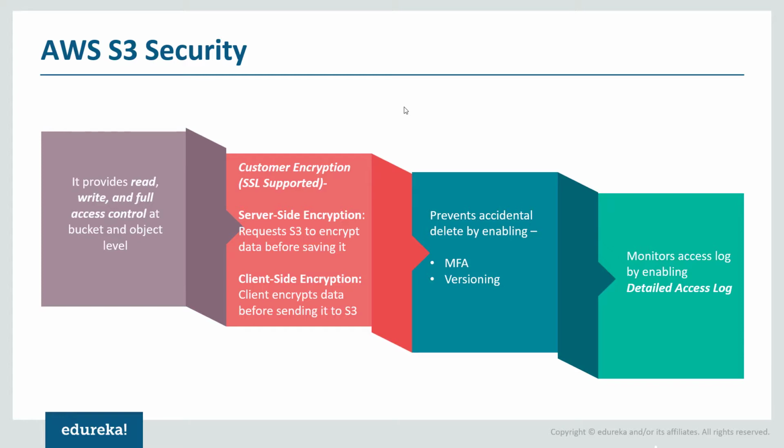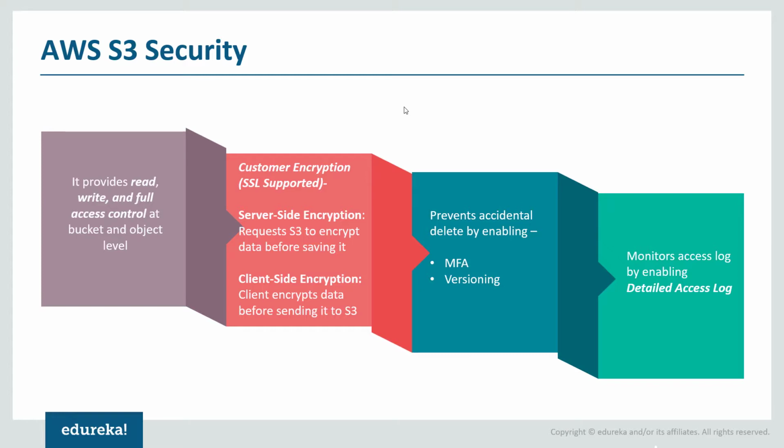So by default, the application that is accessing your S3 data is encrypted. So you have server-side encryption for every request that comes to an S3 bucket. In case you want, you can go ahead and have client-side encryption also before it is sent to S3.